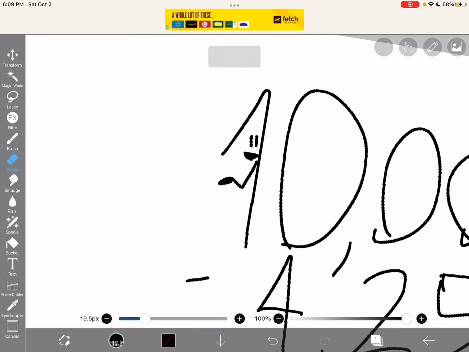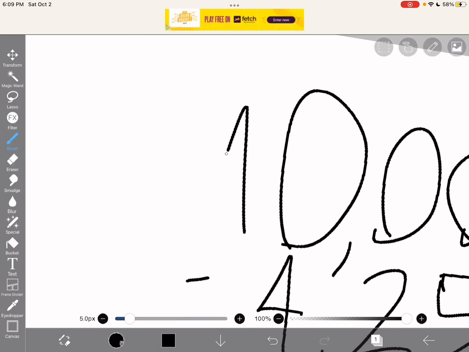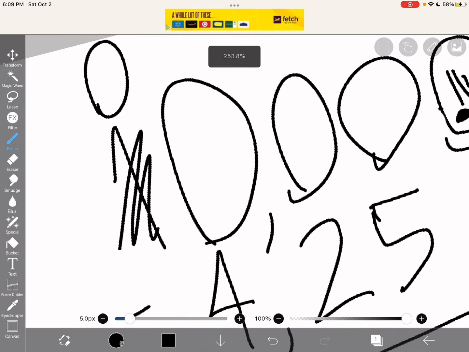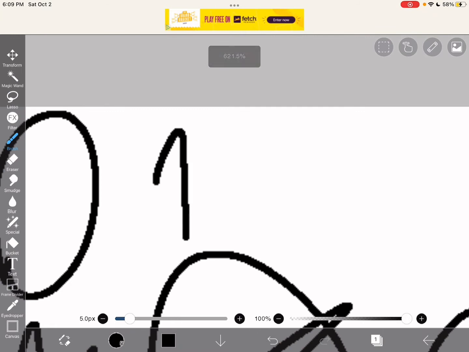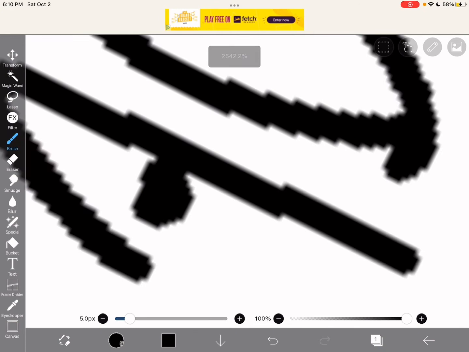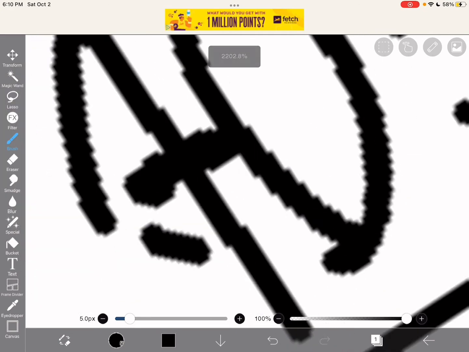So he turns into a 0, and this 0 turns into a big bad 10. This 0 is now a VIP.